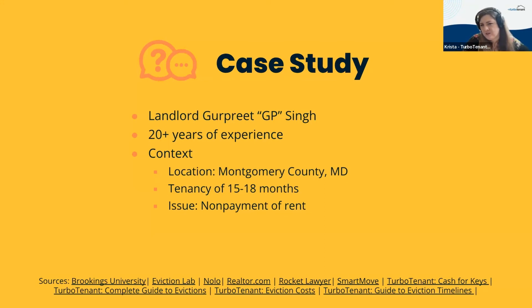Could you share in total how much money was lost throughout this particular eviction process? You could say 6 to 7 months of rent at $2,000 a month. So maybe $12,000 to $14,000 in lost rent. Maybe they made one payment, so maybe 10 to 12,000. You also have the turnover cost of the property, which could be between 4,000 and 6,000.